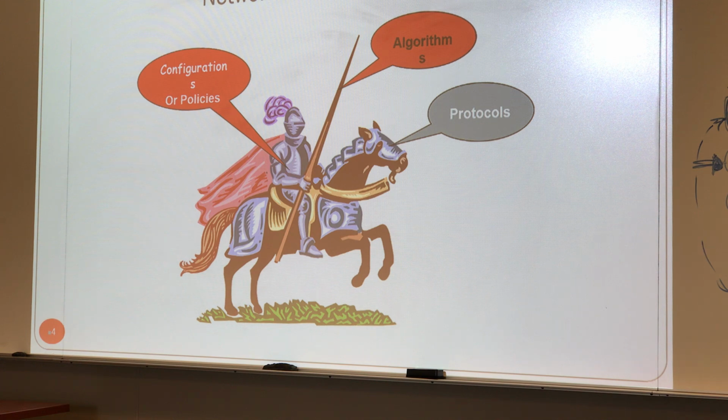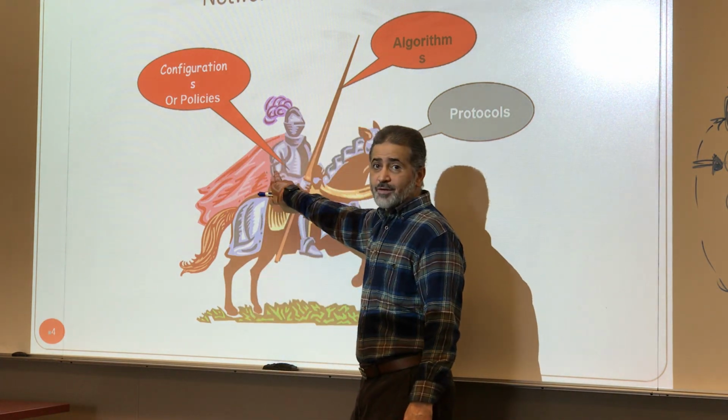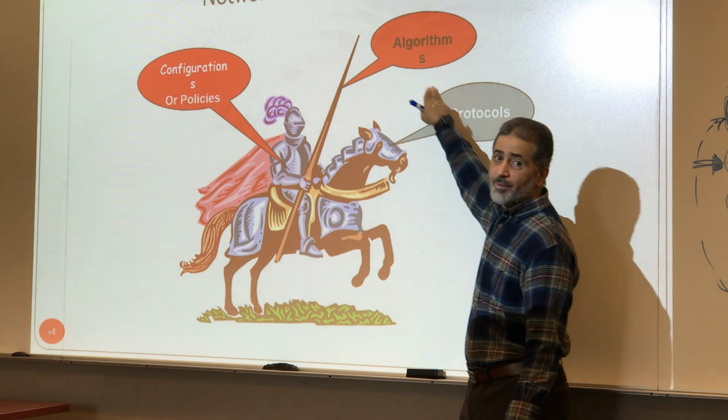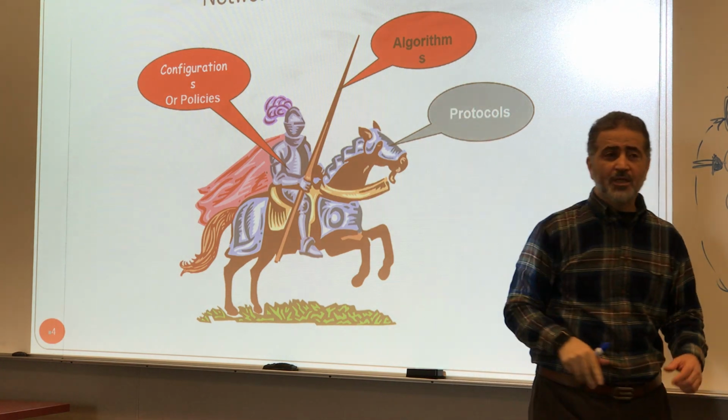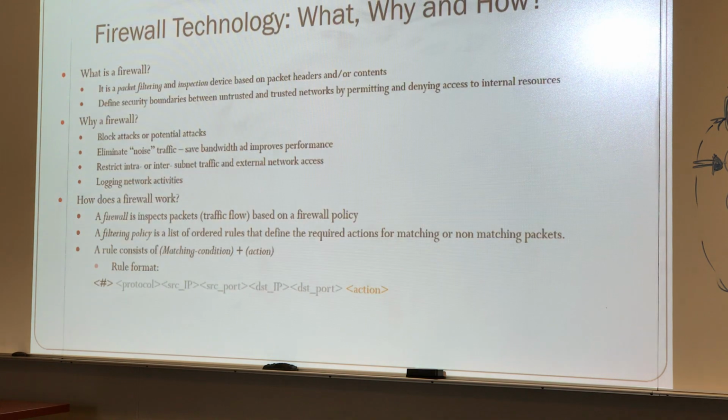And you see protocols like PGP, SSL, TLS. These are protocols. But what is usually missing is that you should also see policies and configurations, because the policies and configurations control both the algorithms and the protocols. So firewalls are mostly controlled by policies. The algorithm side is simple, but the policy is what needs to be sophisticated here.